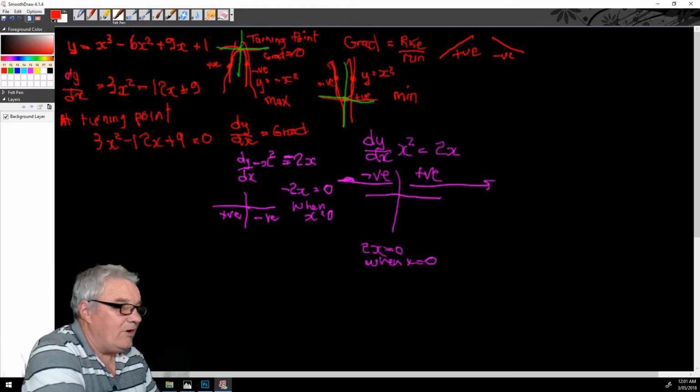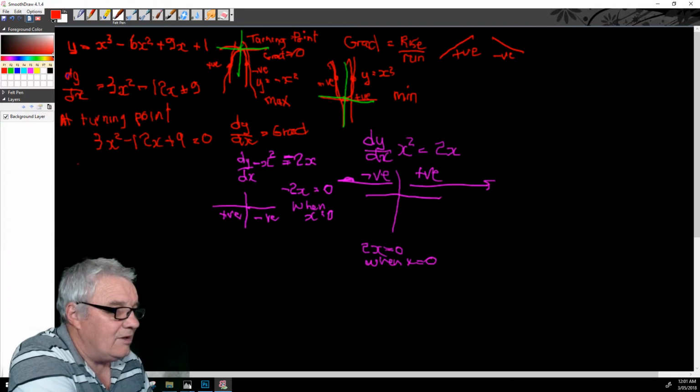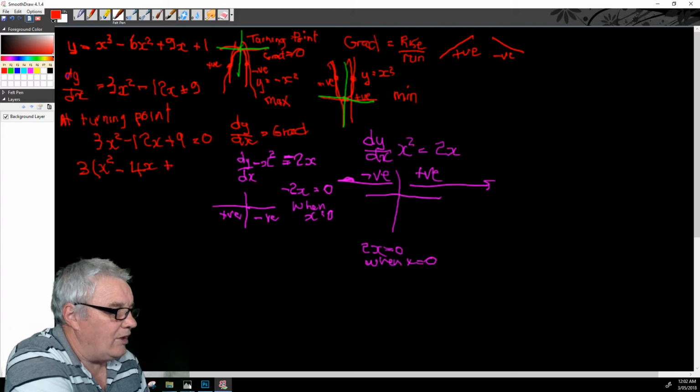I can see that 3 goes into that, so I'm going to put a 3 outside a bracket, and then x squared minus 4x, because 3 goes into 12 4 times, plus 9 divided by 3, which is 3, equals 0.